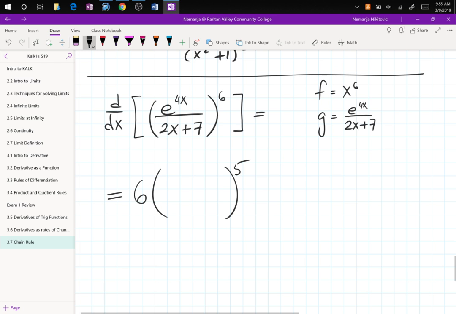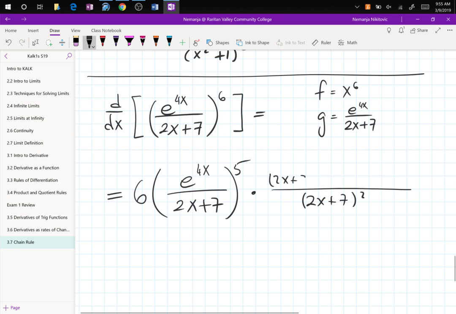But x is this mess. And then times, now we have to do the quotient rule for the rest, which is 2x plus 7. The derivative on top is 4e to the 4x minus e to the 4x times 2 from the denominator.